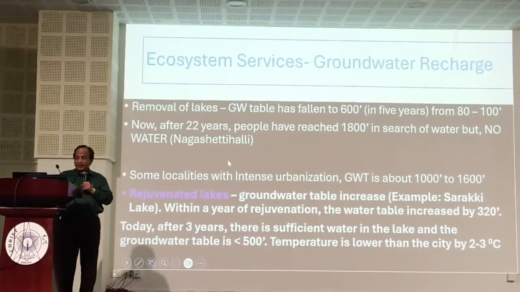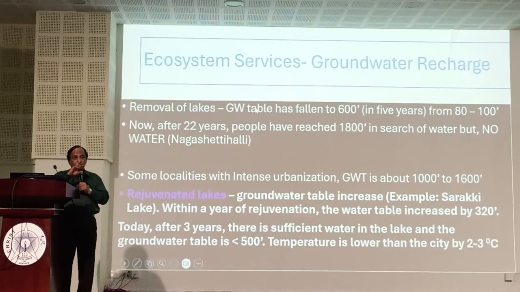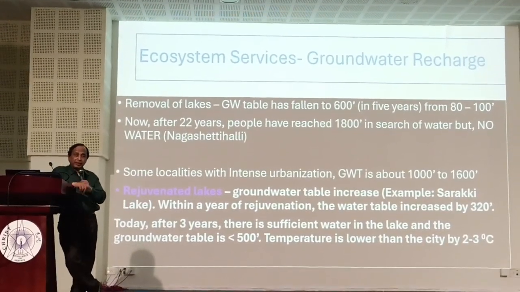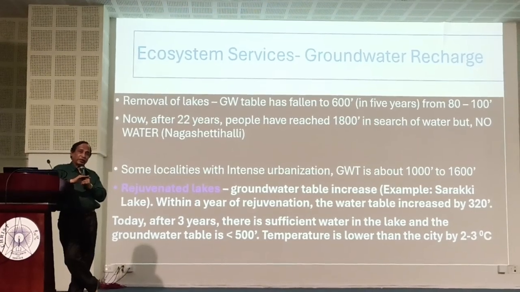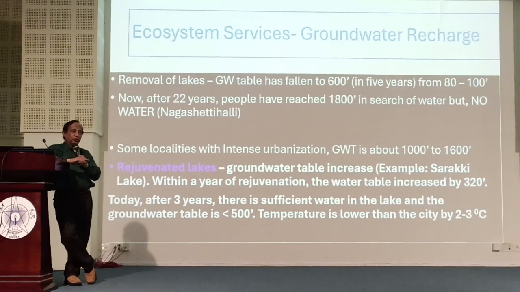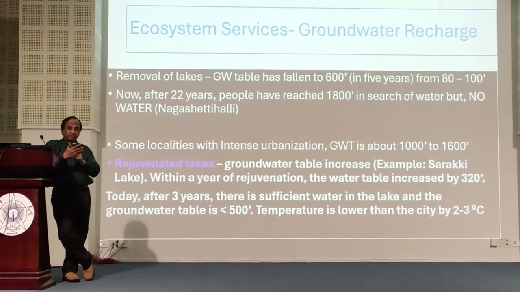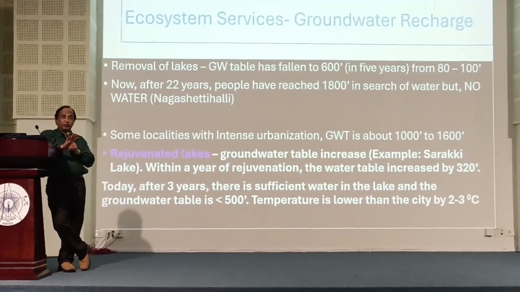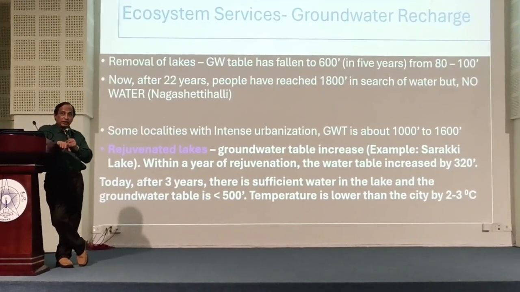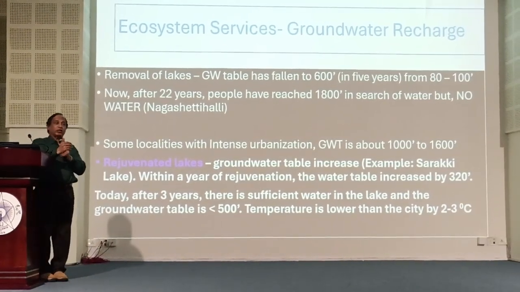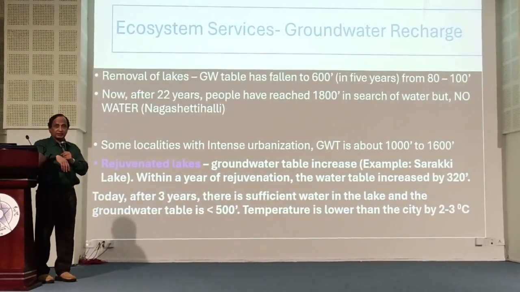See, I talked about Sarki Lake a few minutes back. Let us look at what the groundwater table is when the lake is there. When the lake was there, people were getting water in the wells at less than 100 feet. After the lake is removed, an influential fellow comes and swallows the lake in the name of development, and the surrounding people lose the groundwater. We saw the groundwater table going down to 600 feet in 6 years.